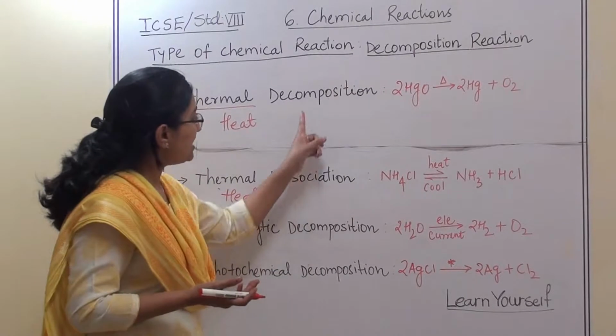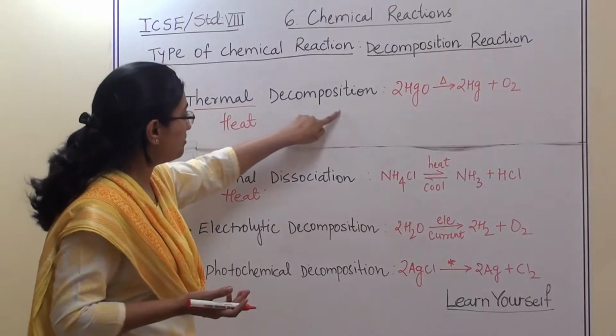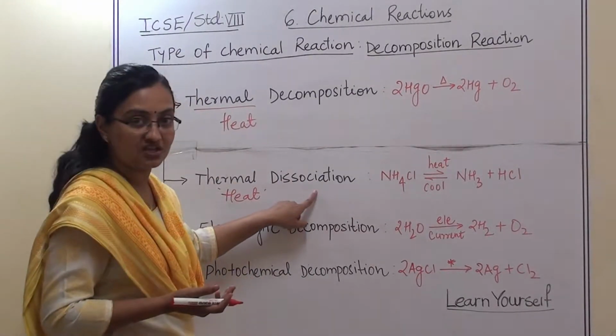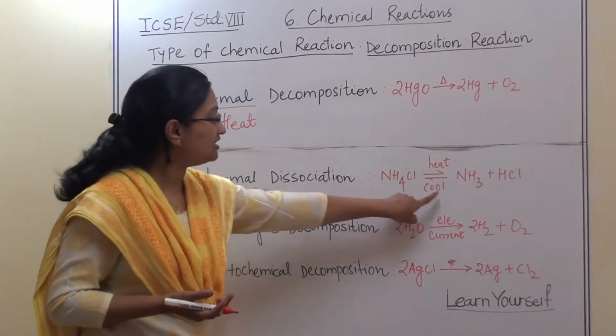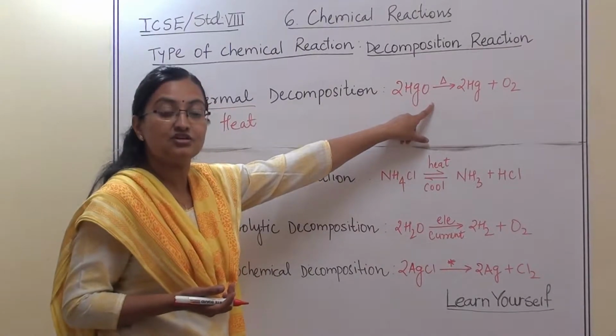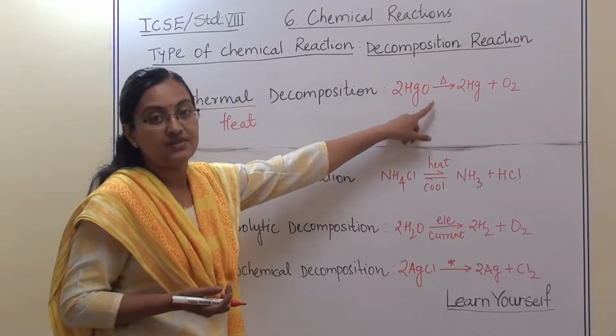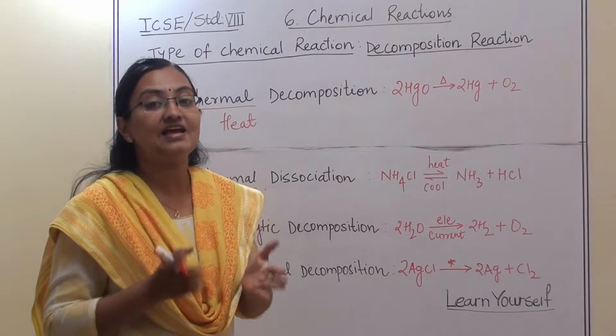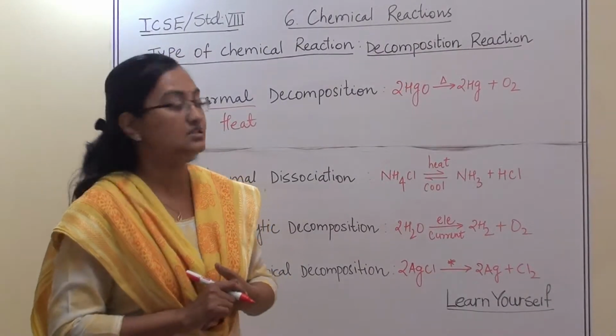This is the basic difference between thermal decomposition and thermal dissociation. In dissociation, the reaction is reversible, whereas in decomposition, the reaction is non-reversible. But both reactions are carried out with the help of heat.